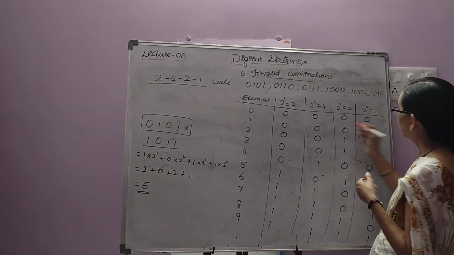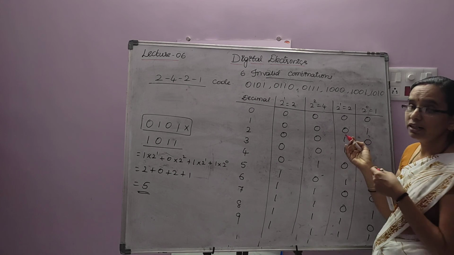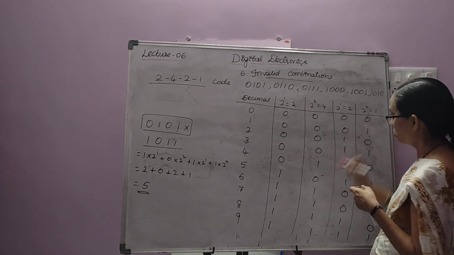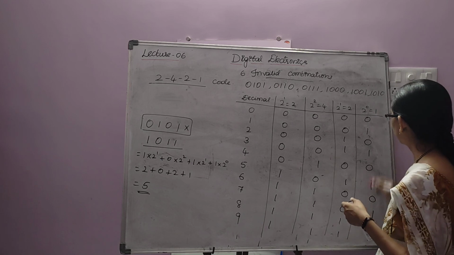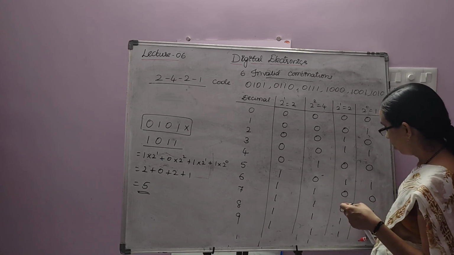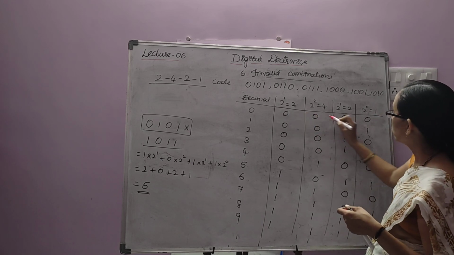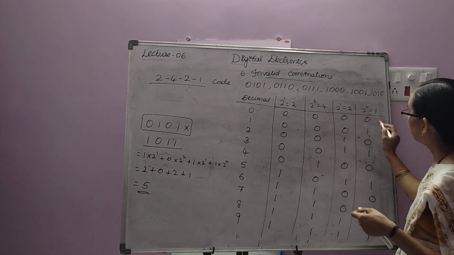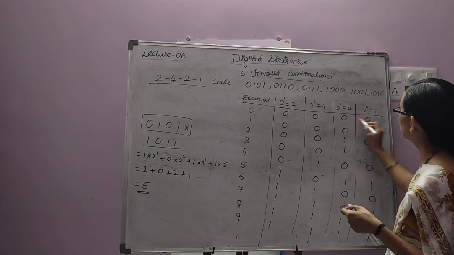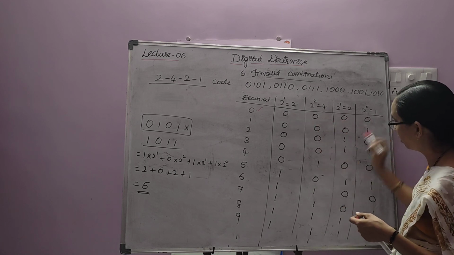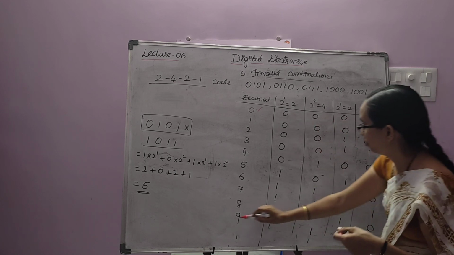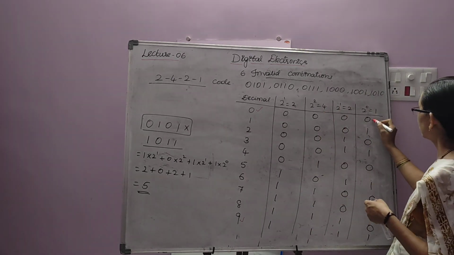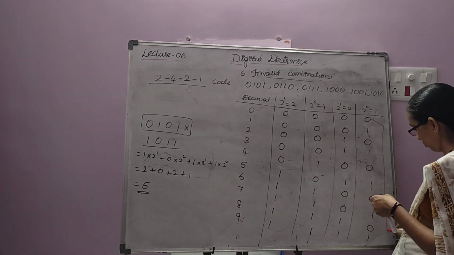So here, how do we find that it is self-complementary? Complement of 0000 is 1111. 0000 is the decimal equivalent of 0, and its complement, by replacing all the zeros by ones, is 1111, which is the decimal equivalent of 9. 9 plus 0 is 9, so it is self-complementary.